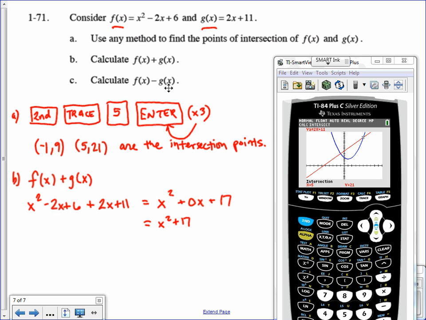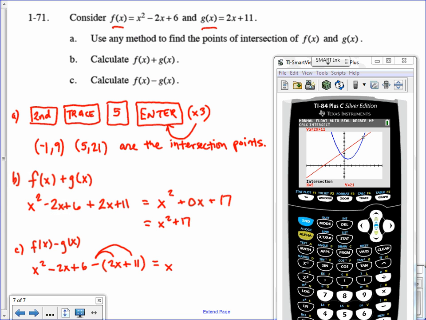If you want to calculate their difference, we're going to do f of x minus g of x. So x squared minus 2x plus 6. And here's where you have to be careful, because a lot of people make mistakes. They want to just take this plus sign and turn it into a subtraction sign. But you have to remember you're subtracting this entire quantity. So we're going to do the quantity of 2x plus 11. We're going to subtract a 2x and subtract an 11.